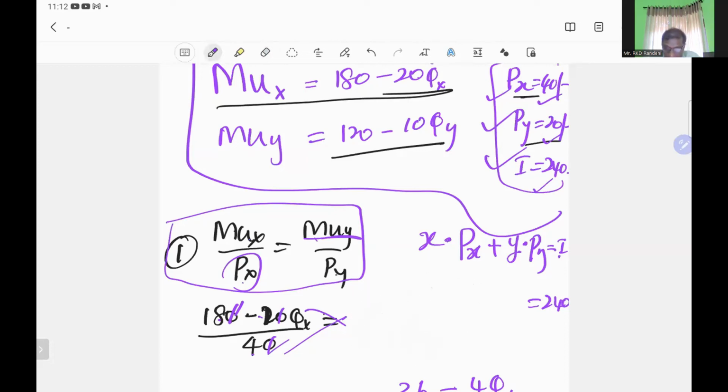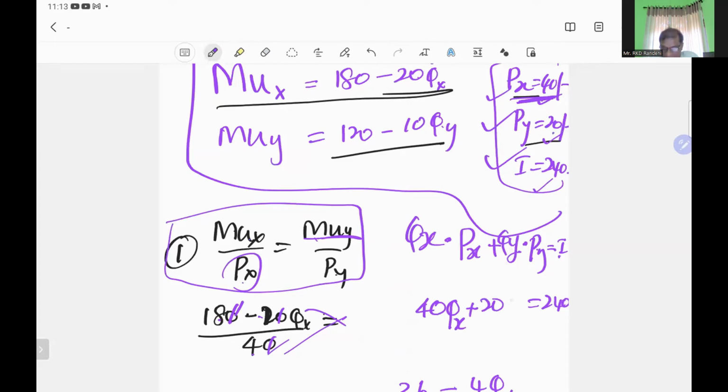Now we don't know quantity X, but price of X is given. That is 40. Then 40 into QX. Here also we use quantity X, quantity Y like that. Then plus price of Y, it is given that 20. 20 QY.